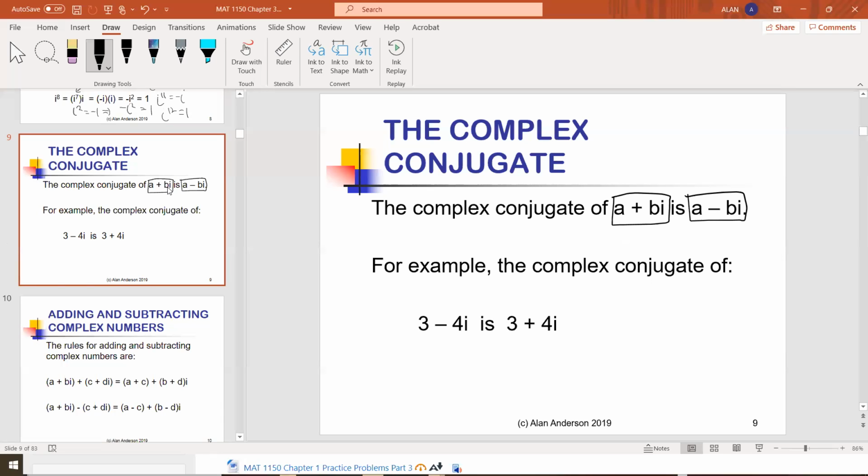So sometimes we may want to use techniques to eliminate imaginary numbers in our solutions. Okay, so just keep that in mind. This is going to prove to be helpful down the road. But right now, let's just remember that these are considered to be complex conjugates of each other. And here's an example. These two, 3 minus 4i and 3 plus 4i, are complex conjugates of each other.